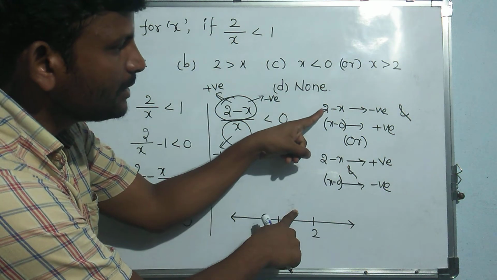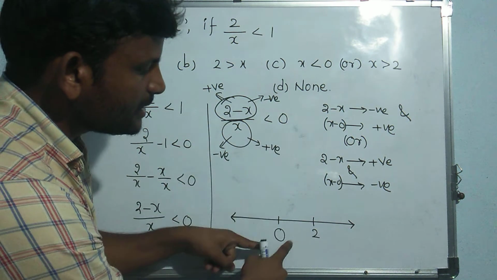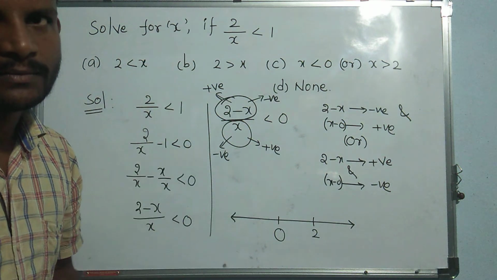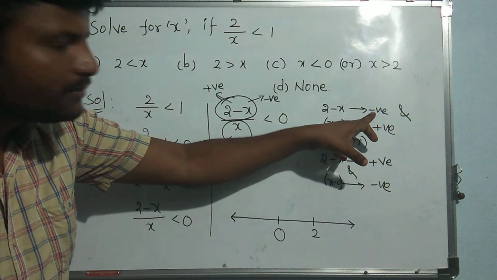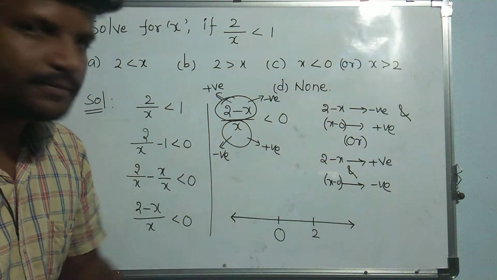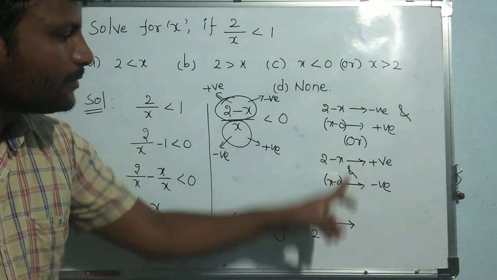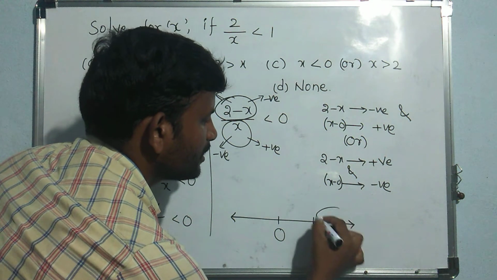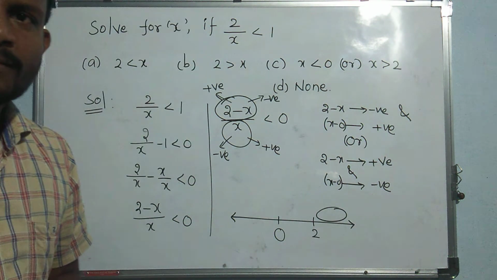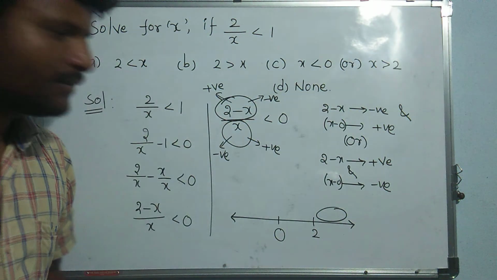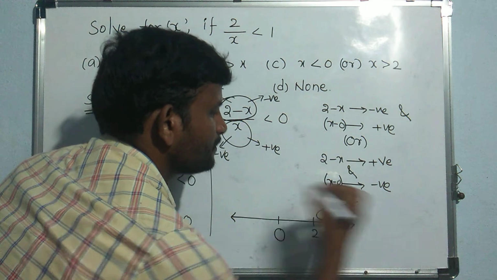Less than 2 means 2 minus a number which is less than 2, so it will be positive again. We don't want that also. It should become negative, and it should become positive. I am taking here. If x is more than 2, 2 minus x is negative. This region will give you the answer. Clear? So that x is positive and this is negative. So this region is one answer.